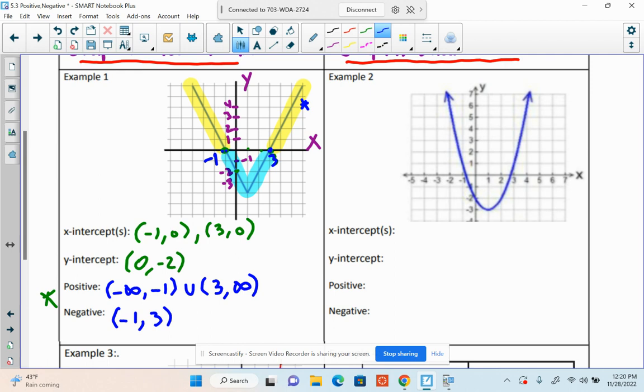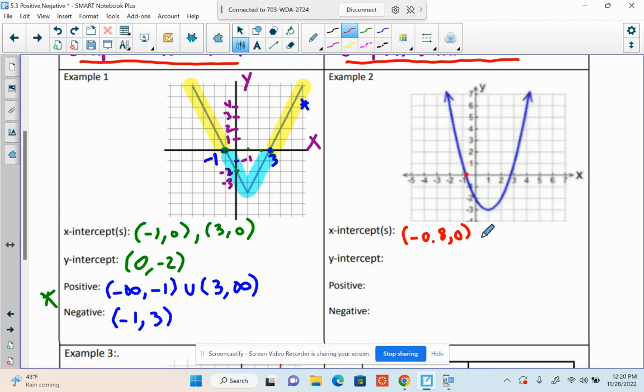All right, let's do example 2. It's going to be very similar, except we're going to have to do some estimating. The first thing we're going to do, though, is find the x-intercepts and the y-intercepts. So that's not quite -1, so let's call it -0.8 or -0.9. Either one is fine.